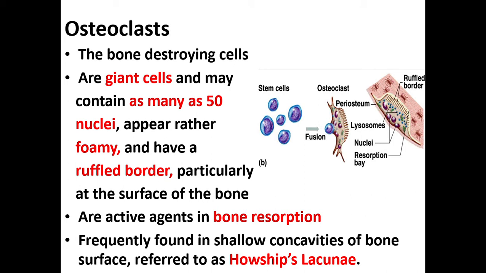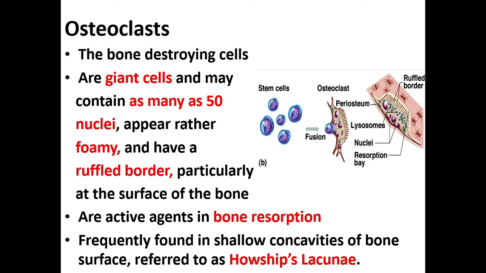The cytoplasm appears foamy and has a ruffled border, particularly at the surface of the bone. Their main function is bone resorption.